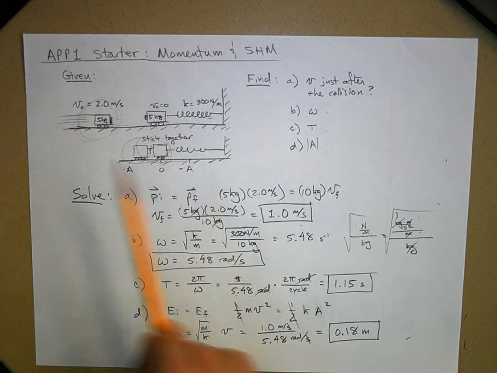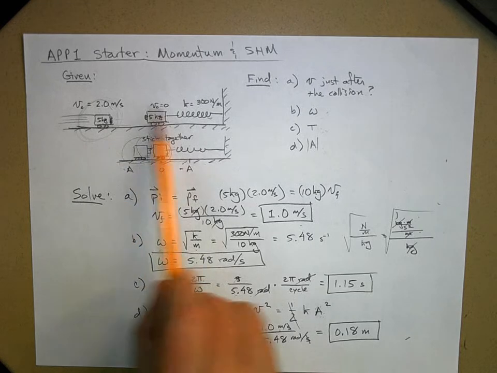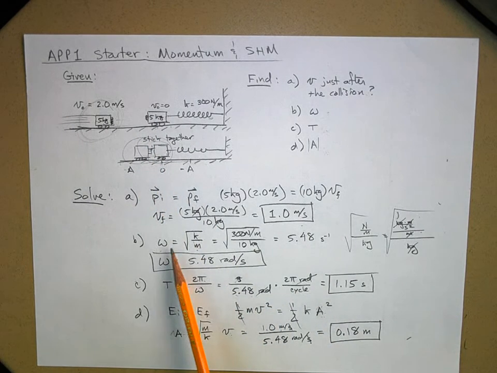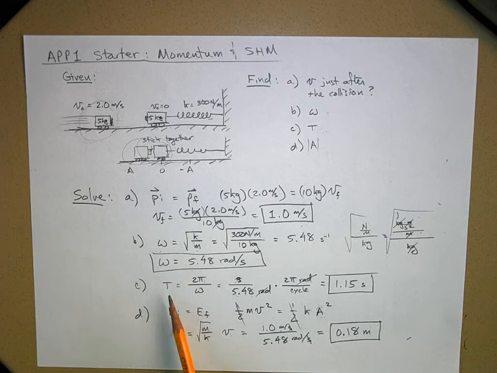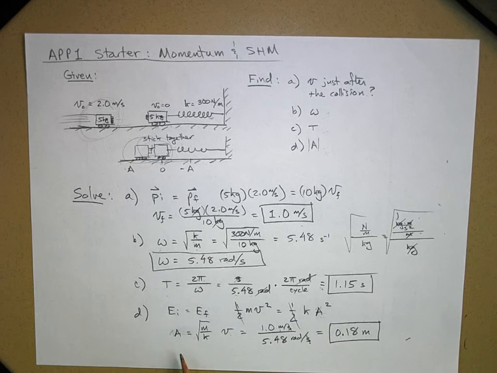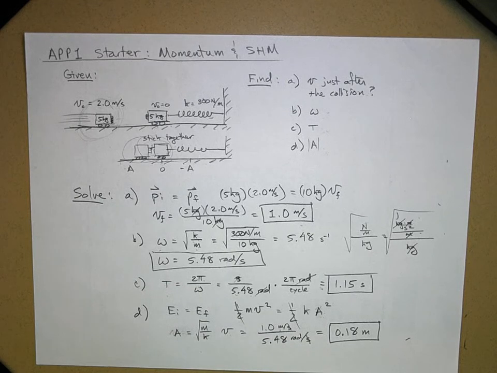So conservation of momentum, because we have a collision, simple harmonic oscillator, angular frequency, period, and all that. And then once it's oscillating, you can use conservation of energy. And that's one way to do it.